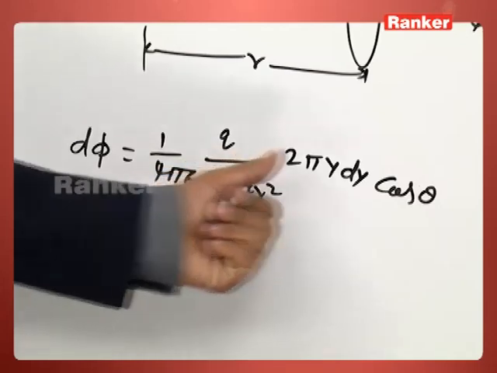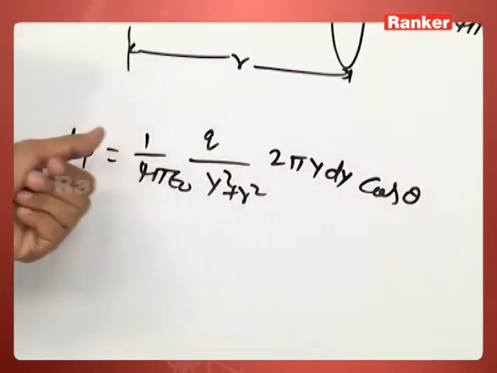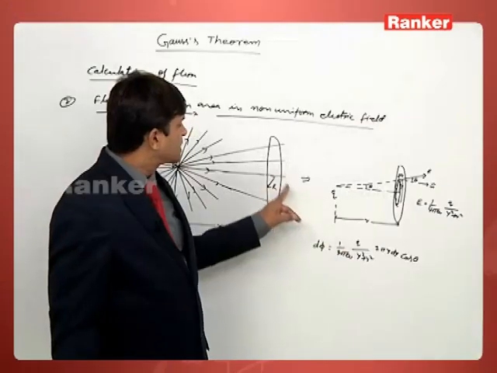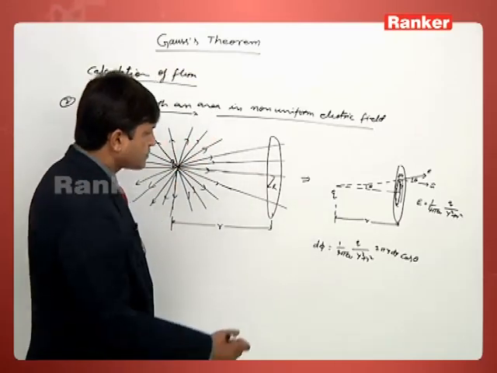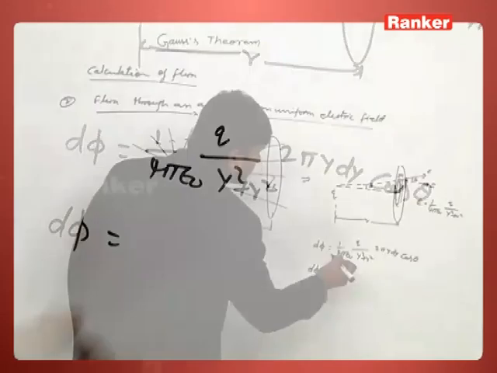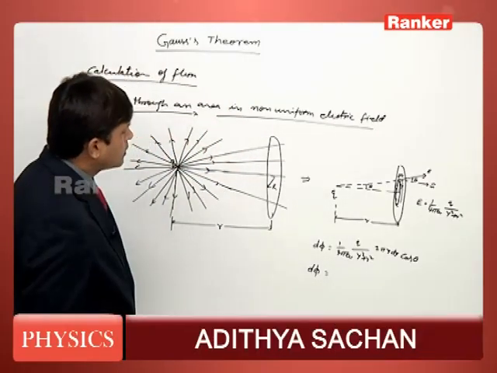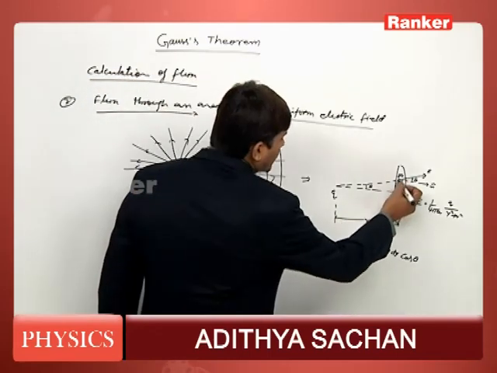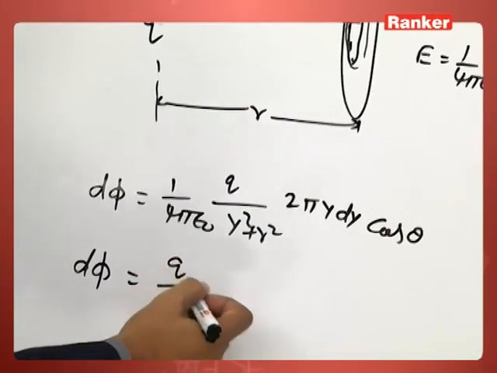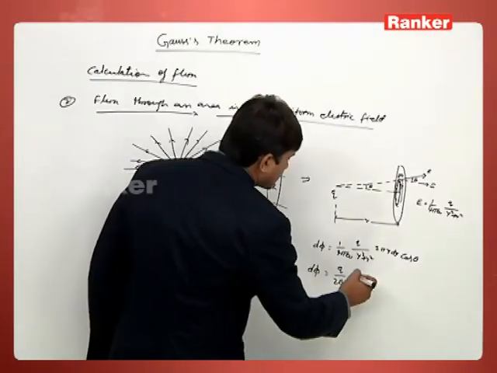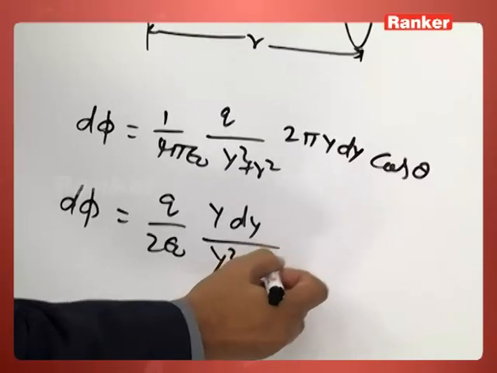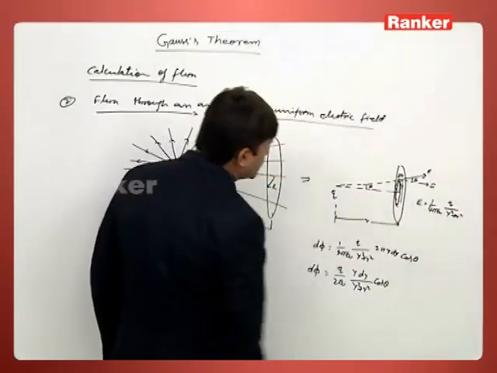Now, either we can calculate the flux in terms of angle theta, or in terms of the radius r. We can write the value of cos theta or the value of y from here. In this triangle we can simplify: 2 pi cancels here, q by 2 epsilon naught, y dy by y square plus r square, into cos theta.